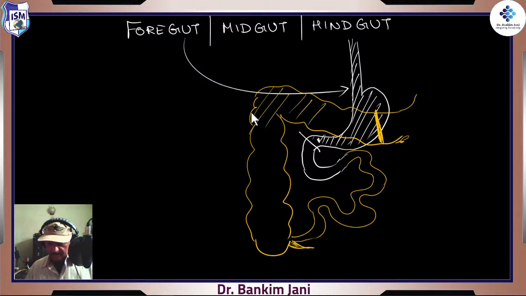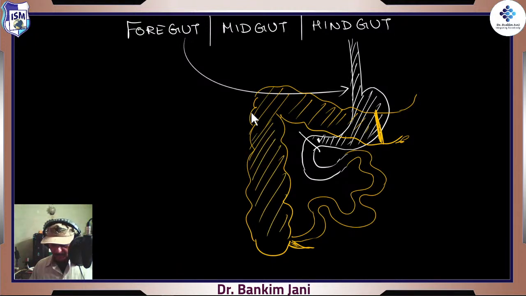This portion, the two-thirds of the transverse colon on the hepatic side, the ascending colon, the cecum, the jejunal loops, and the rest of the duodenum is nothing but midgut.